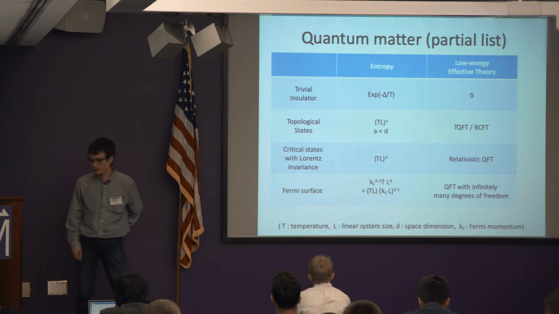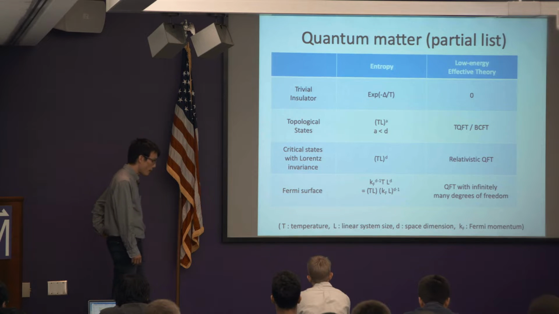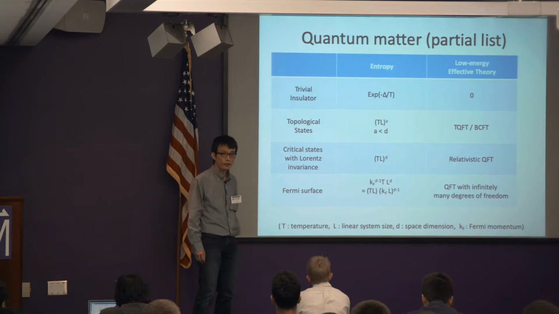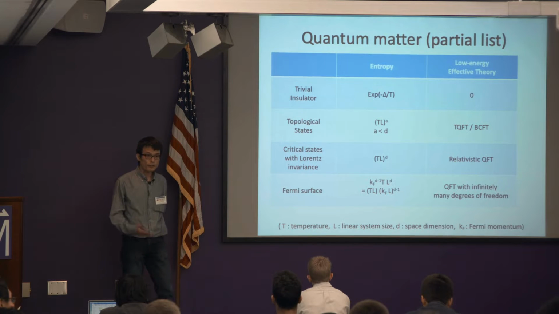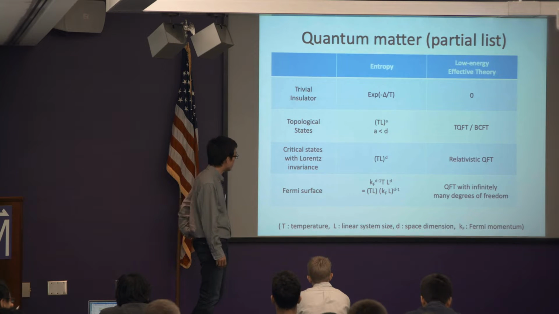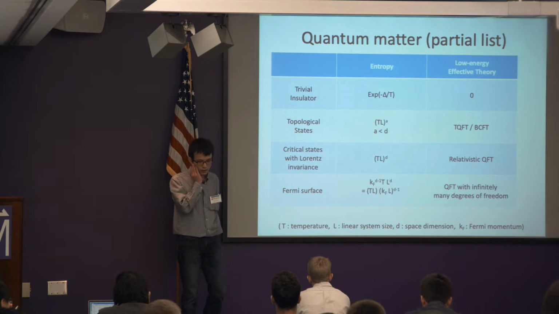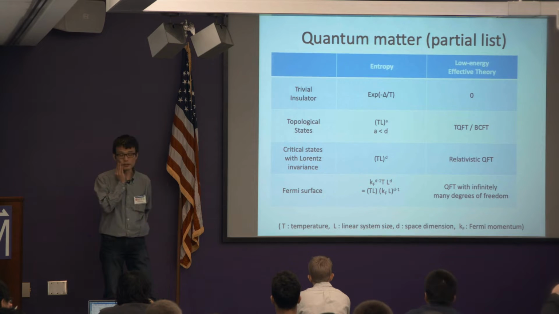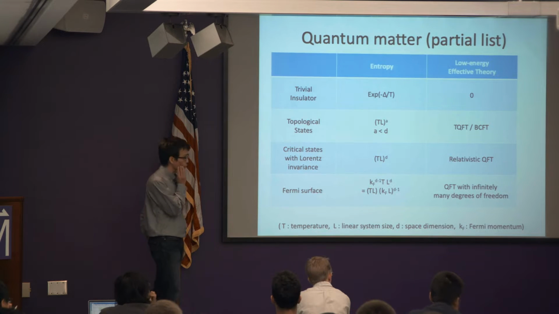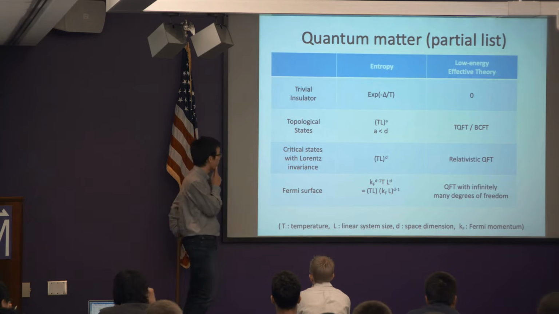Different states have different numbers of low energy degrees of freedom, and the form of low energy effective theories differ greatly. If you have a trivial insulator, then there are no low energy degrees of freedom below the gap. And if you have a topological state, then you can have some low energy degrees of freedom, but they usually scale sub-extensively in the system size.